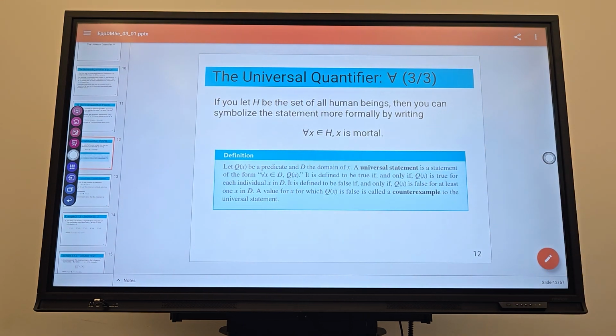So if you let H be the set of all human beings, then you could write the statement more formally as, for all x that is an element of H, x is mortal.